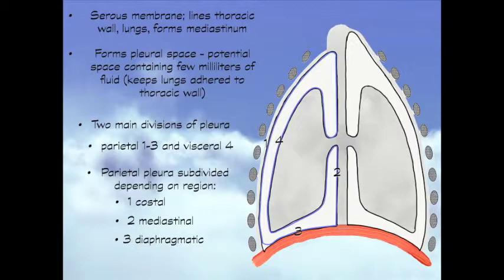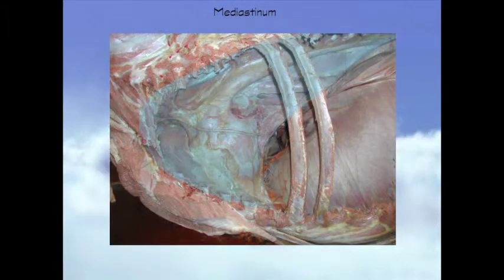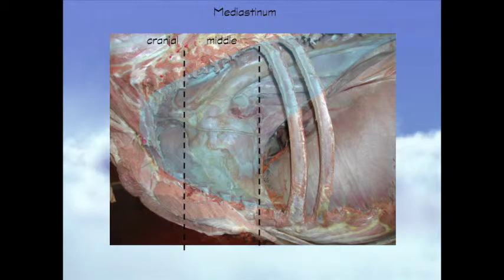Okay, now if we look at the mediastinum, we can divide it up. We're going to see that if we divide it by the cranial aspect of the heart and the caudal aspect of the heart, will give us a cranial, a middle, and a caudal mediastinum. Okay, so in that cranial mediastinum, we're going to find the trachea and the esophagus.